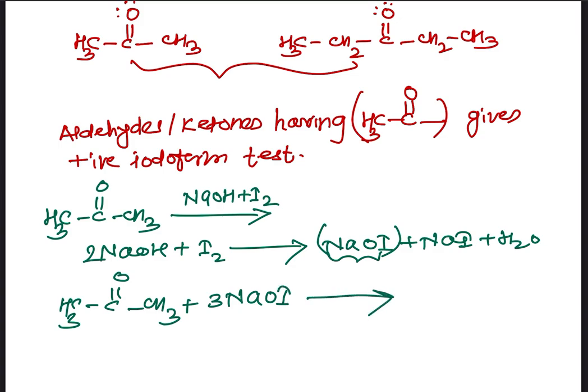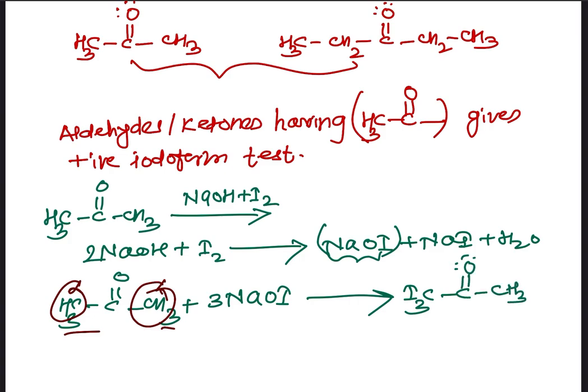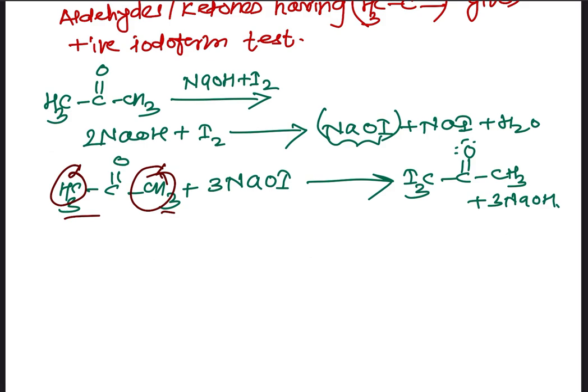Number of alpha hydrogen atoms: here it is alpha, here it is alpha, 6. So any 3 alpha hydrogen atoms from either this carbon or this carbon are replaced by iodine and there is formation of triiodo compound. And here the byproduct is sodium hydroxide. In next step इसका alkaline hydrolysis होगा.